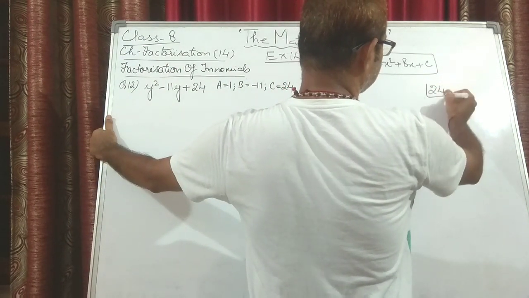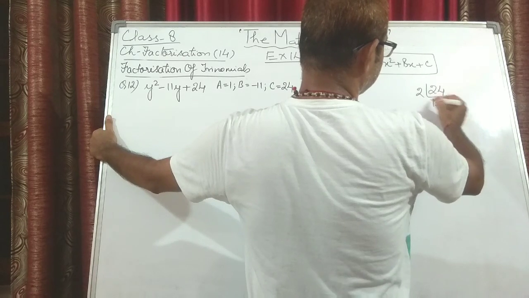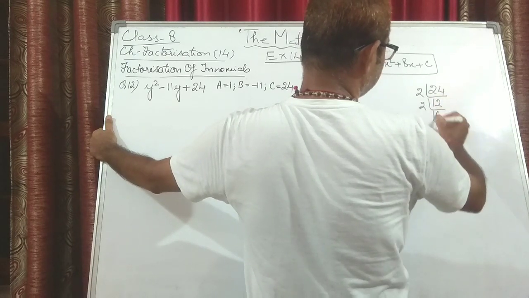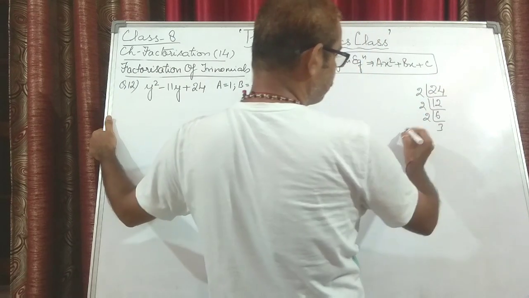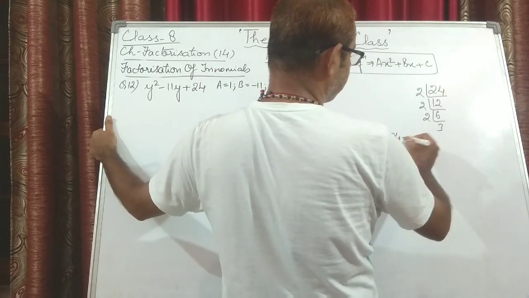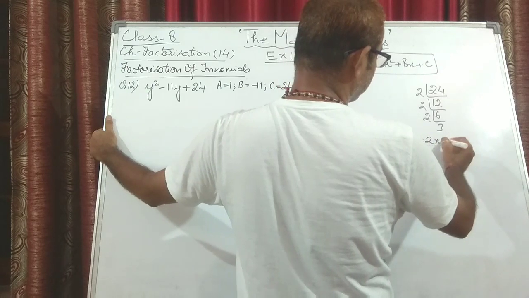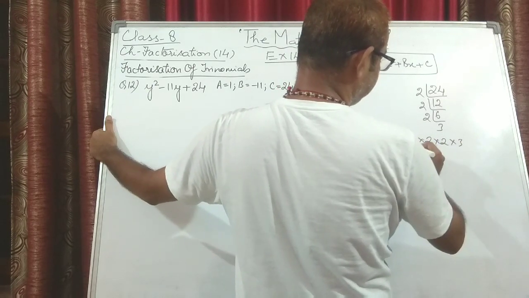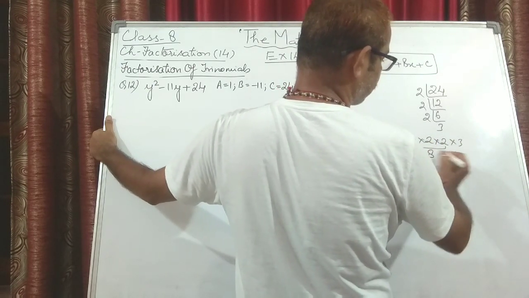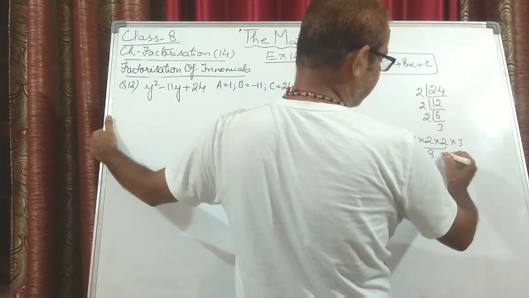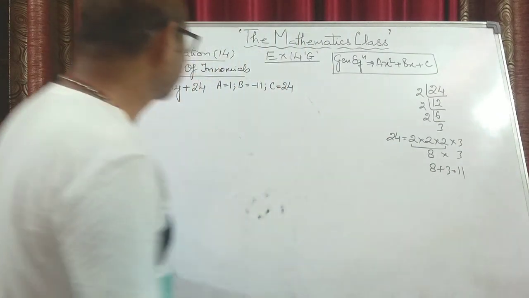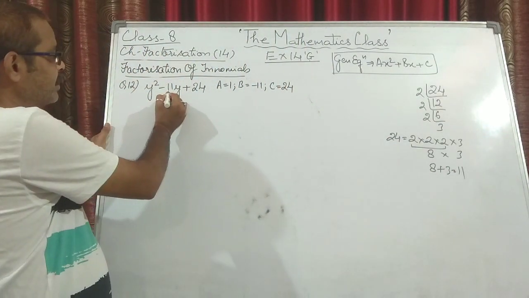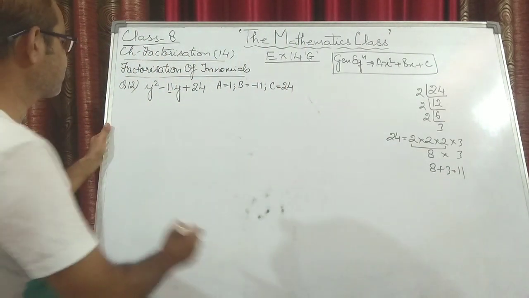Let's see what we have. 2 12s, 2 6s, 2 3s. Now if you see, 24 can be written as 2 into 2 into 2 into 3. If we take these, this will become 8 and 3. 8 3s are 24 and 8 plus 3 is 11. It means minus 11 can be written as minus 8 minus 3.